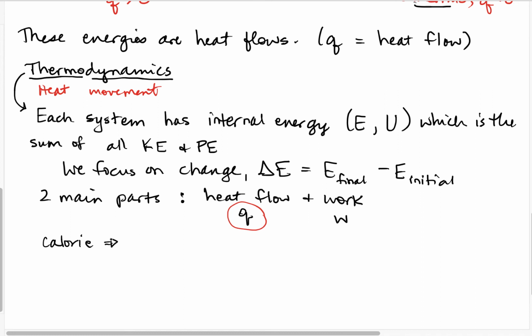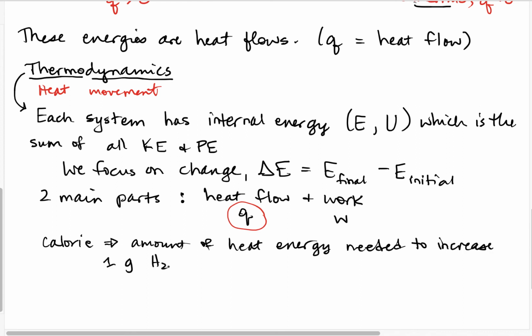And this calorie is defined as the amount of heat flow or heat energy needed to increase 1 gram of pure water by 1 degree Celsius. So 1 gram of water is about 1 milliliter.